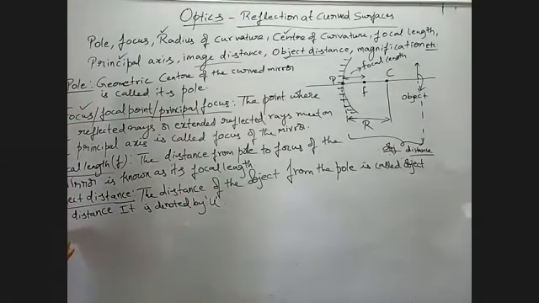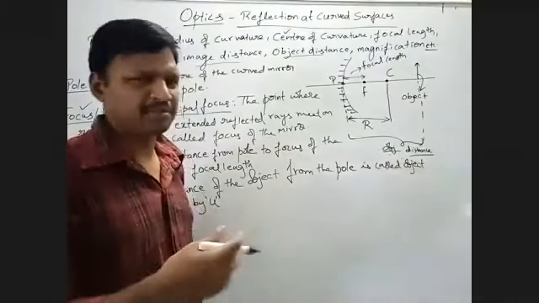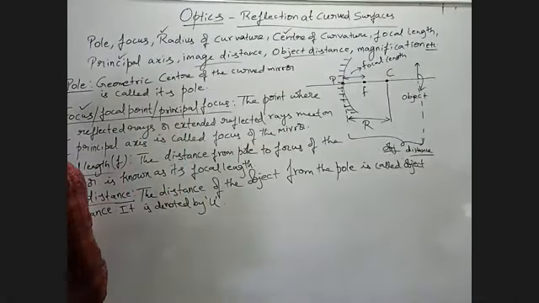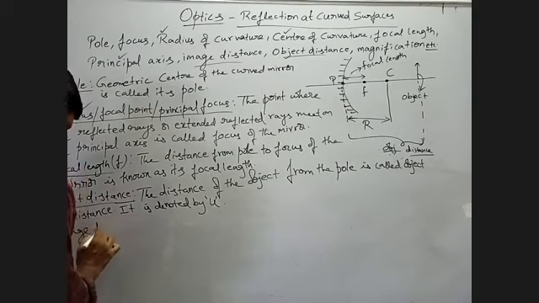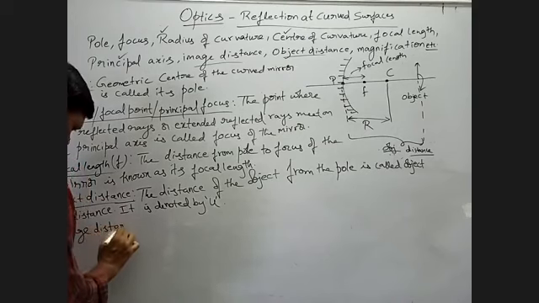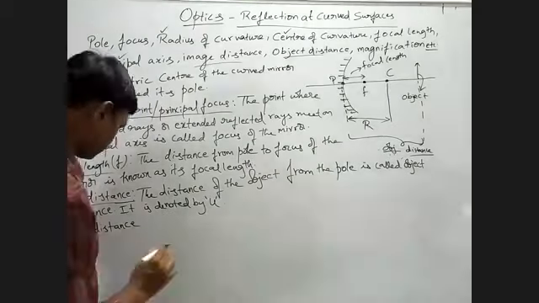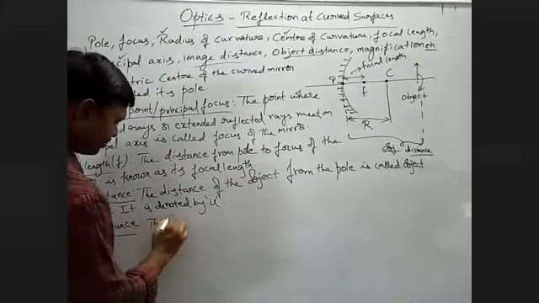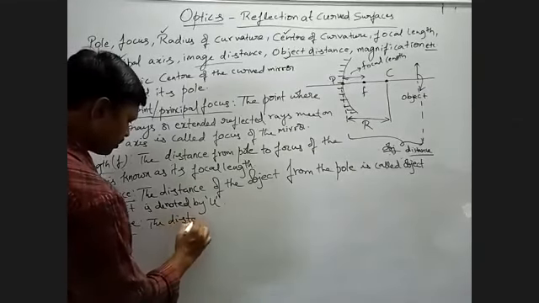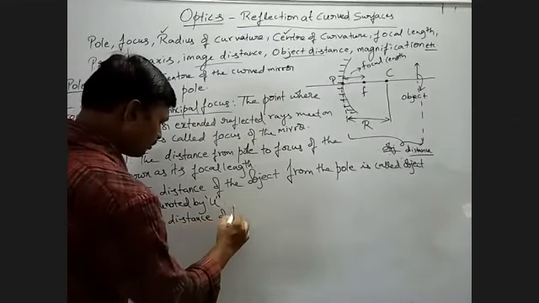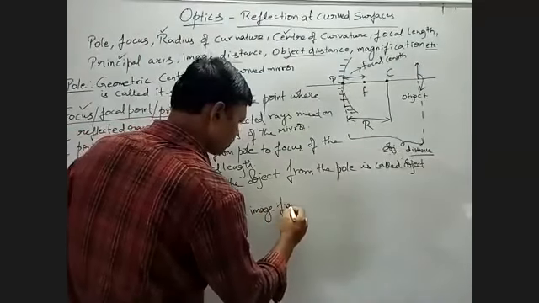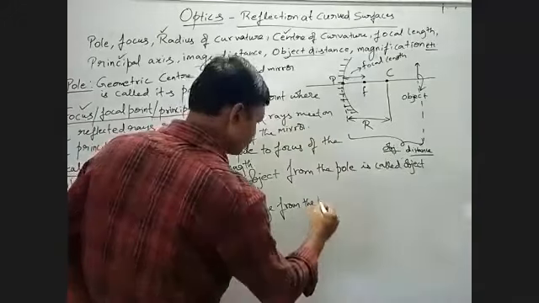Next, similarly, image distance. Simple things only, I am just reminding you. Image distance is nothing but the distance of the image from the pole of the mirror.